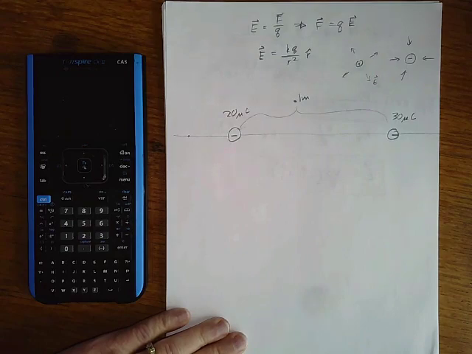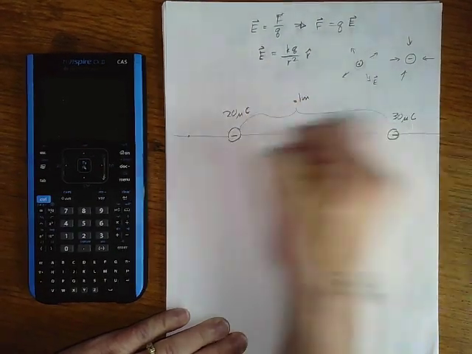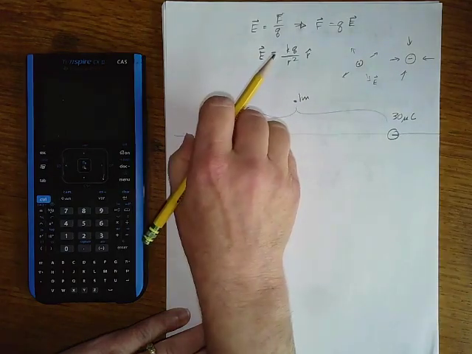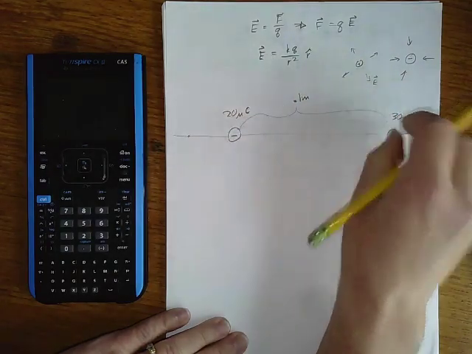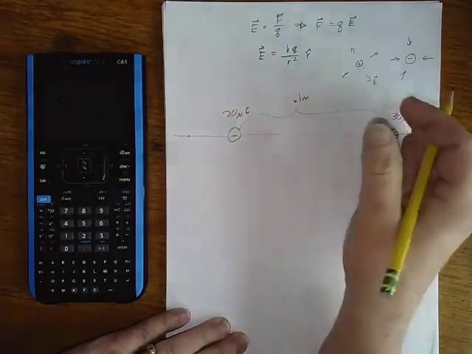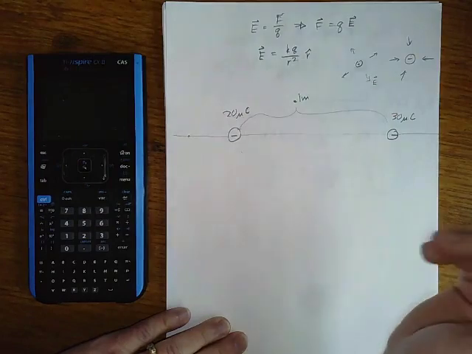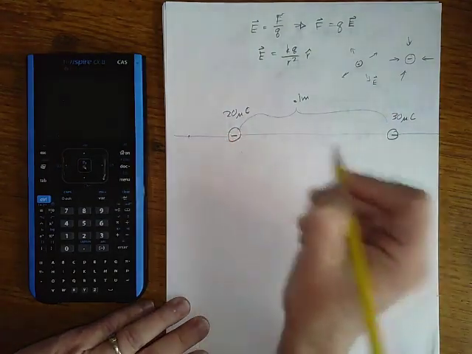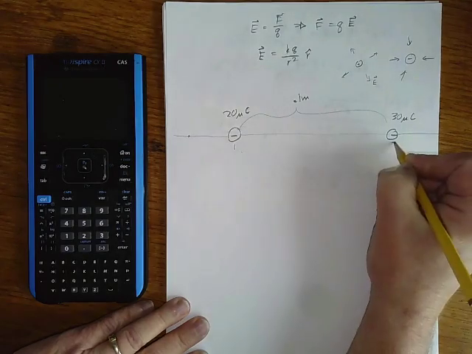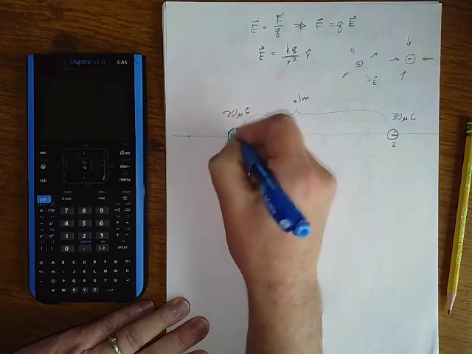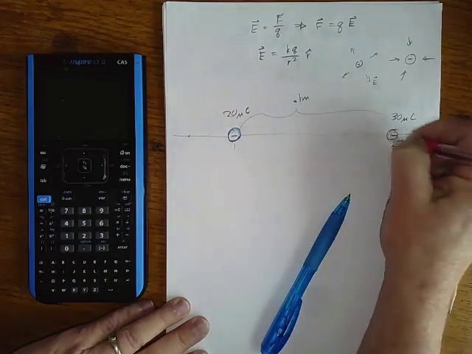What is the field like over here from these two point charges? Remember, superposition says we can figure out what the field is like from this one, what the field is from that one, and add them together, right? So we can do this one separately as if these were the only two things here. Same thing here. We could do it with any number of charges, just add them all up separately. We'll call this one charge 1 and this one charge 2, and let's make this one blue and this one pink.